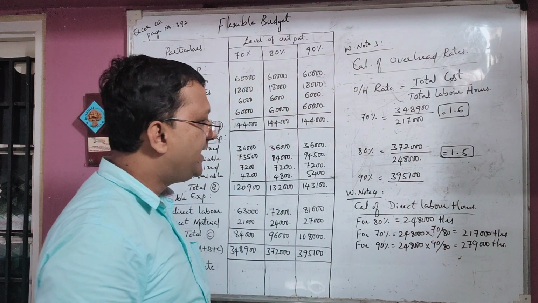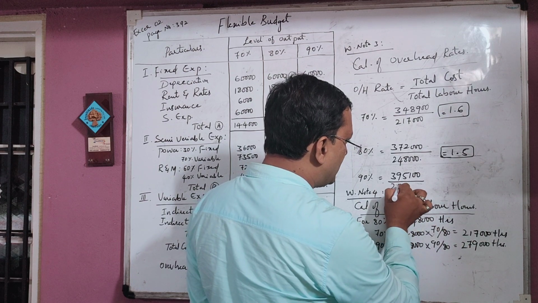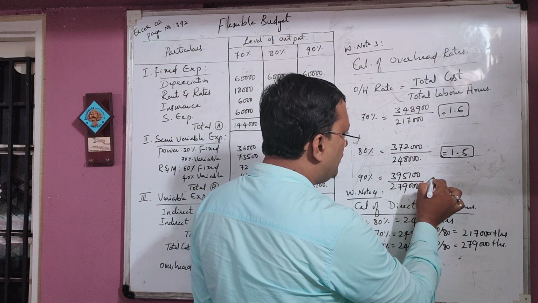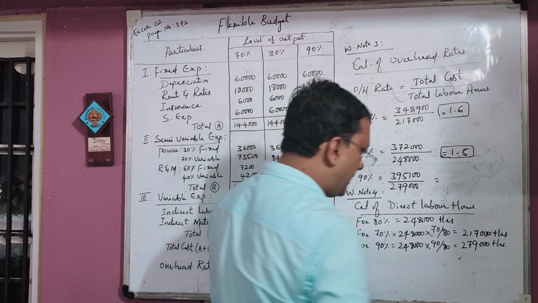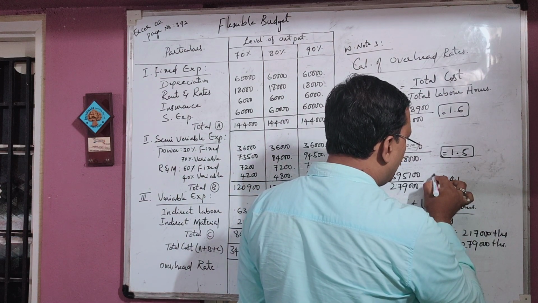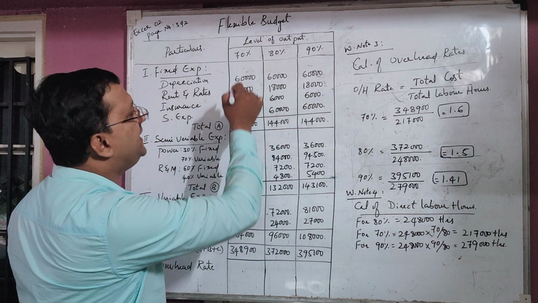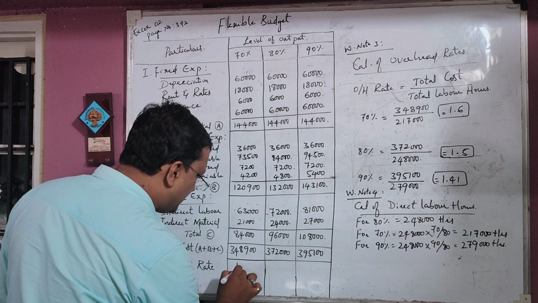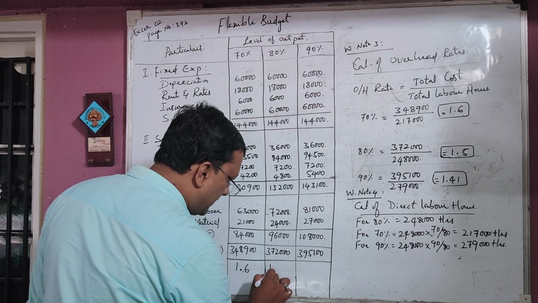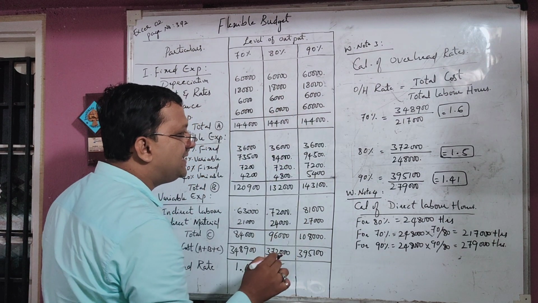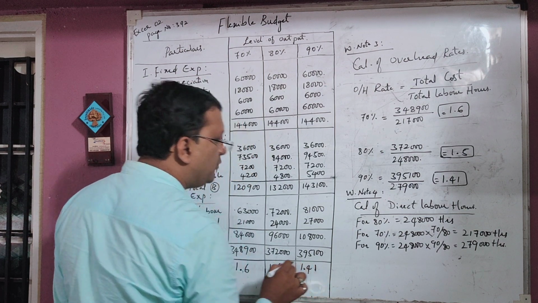Next, 90%: 3,95,100 divided by labor hours of 2,79,000 is 1.41. Now write down the overhead rates: for 70% we calculated 1.6, for 80% it is 1.5, for 90% it is 1.41.